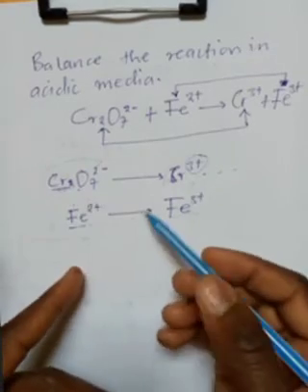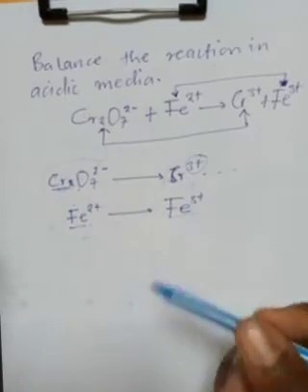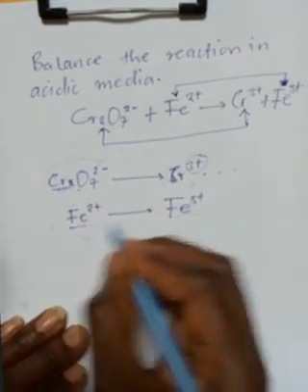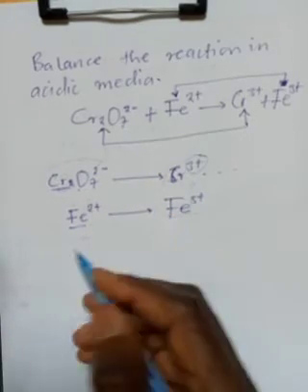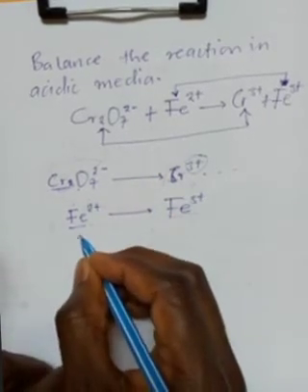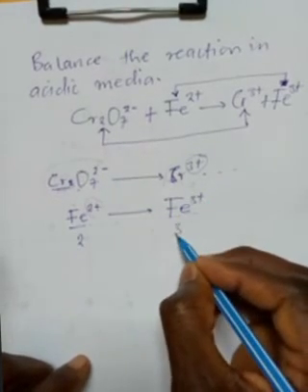To know the difference in terms of the charges, or rather electrons that were gained and the like, you have to find the difference in the oxidation number. This one is going to have an oxidation number of 2 following the charge. This one is going to have an oxidation number of 3.